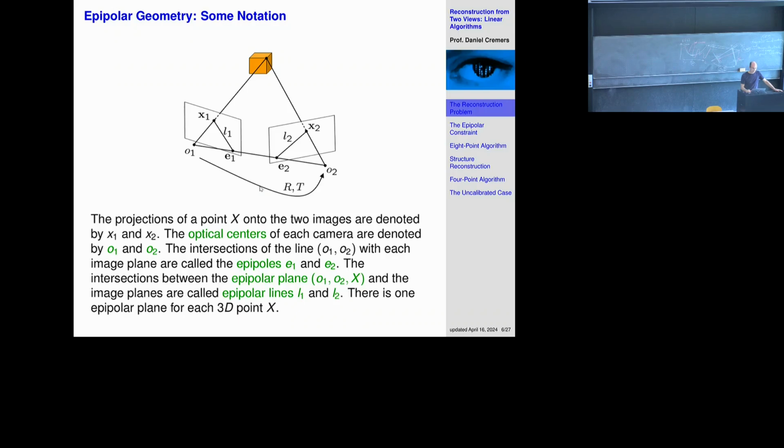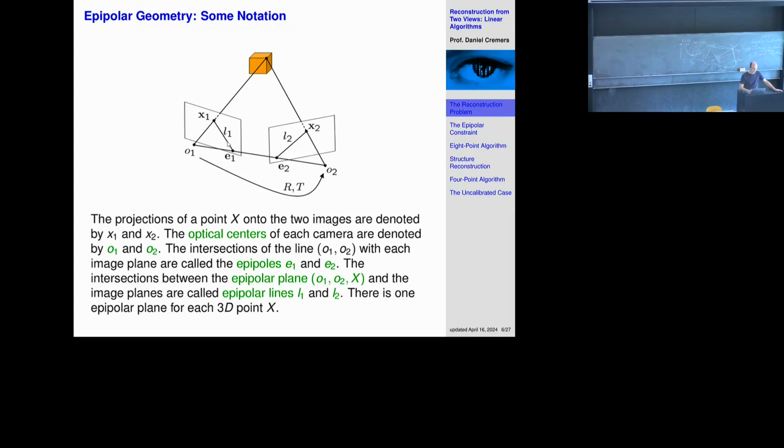These epipolar lines are useful because if you observe a point along this line, then you know that the corresponding point must fall on the epipolar line here.